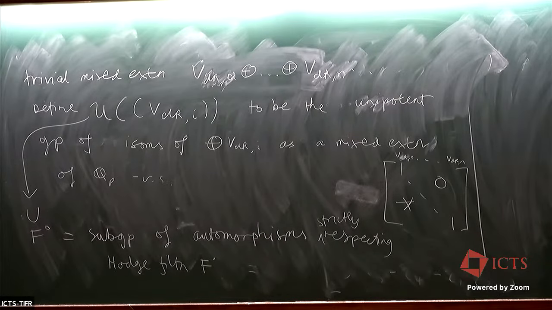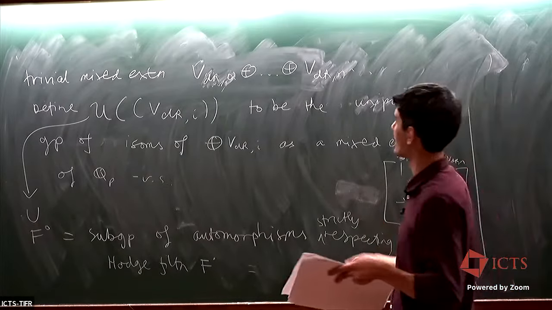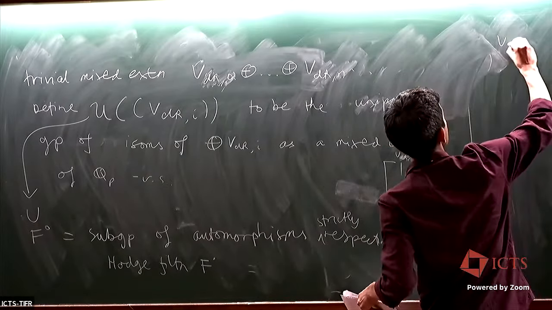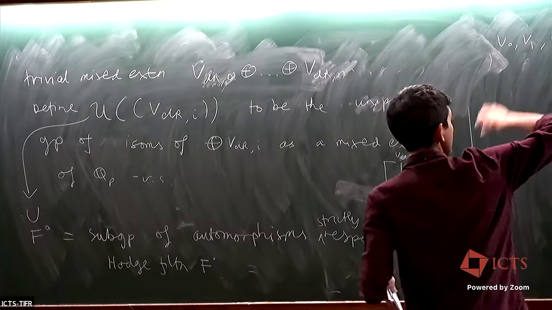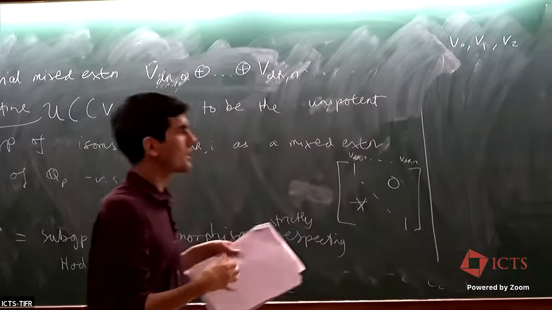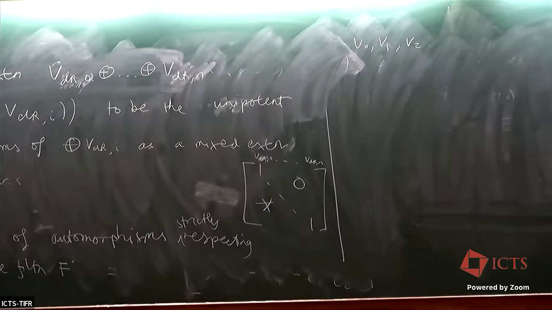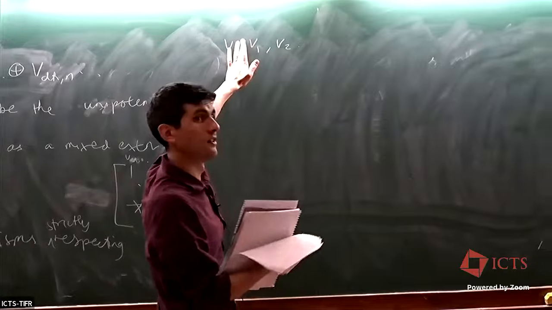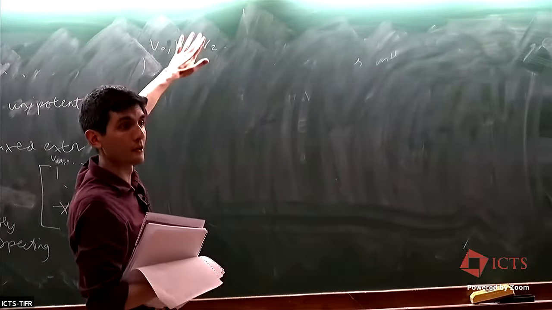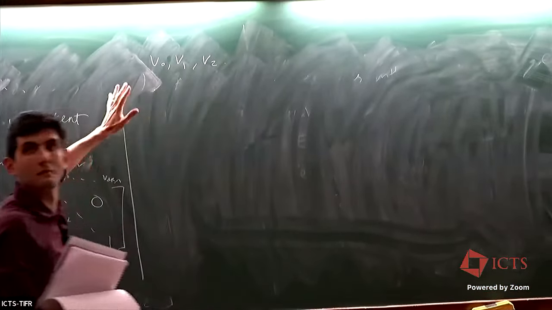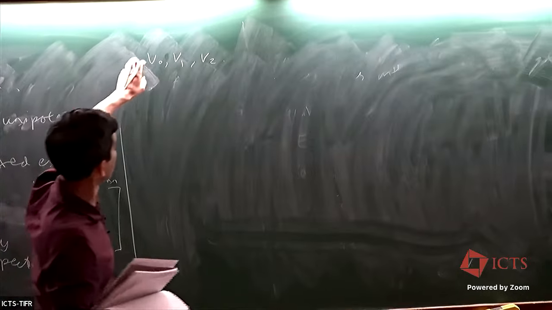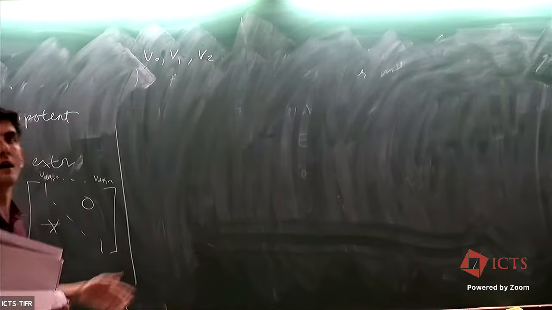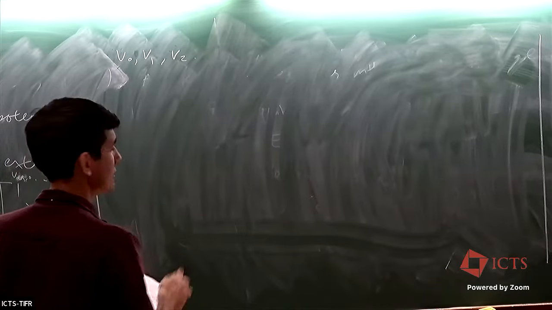Actually, to go back to Samuel's talk, with three graded pieces, I suppose, V0, V1, V2, the set of isomorphism classes of mixed extensions is actually a bi-extension. So if you fix one extension, then you can add when you vary the other one, or the other way. And then there's some compatibility. There's an action of Ext V0, V2, but there's no group law on the whole space. And I'll come back to this bi-extension point.